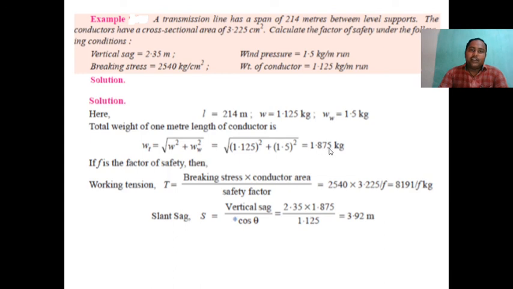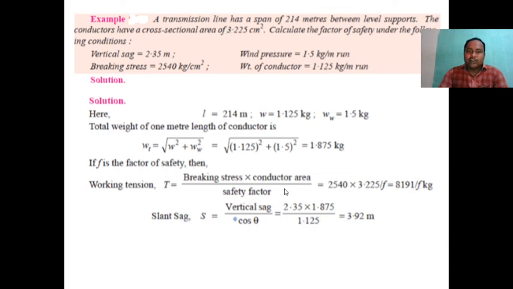We get 1.875 kg. So tension T is equal to ultimate tensile strength by factor of safety. Ultimate tensile strength is equal to breaking stress times conductor area, that is 2540 times 3.225.